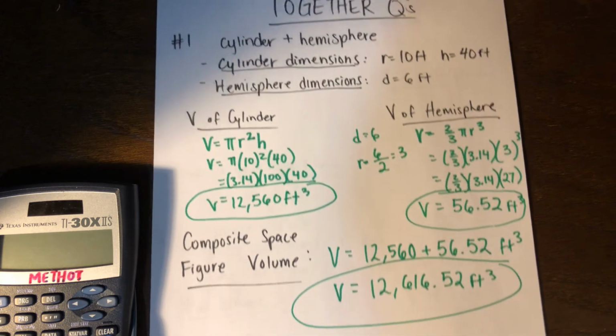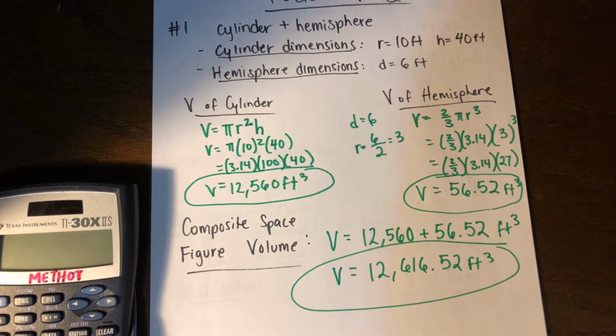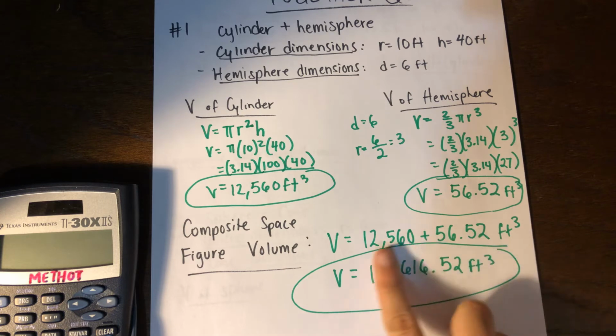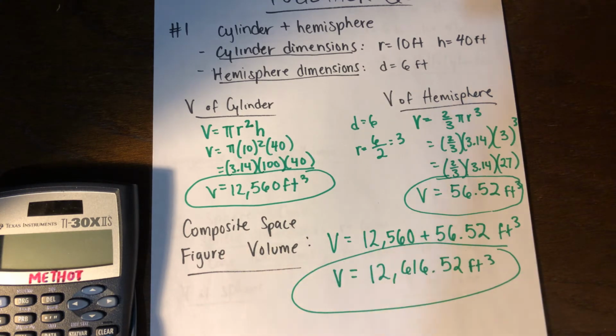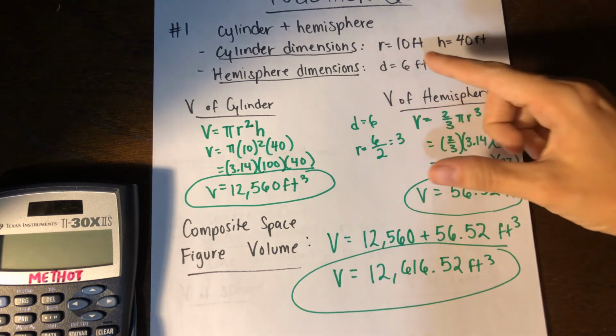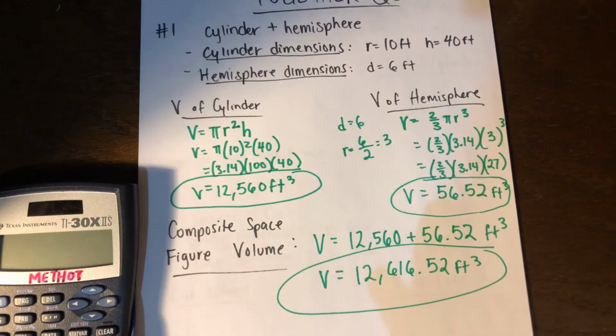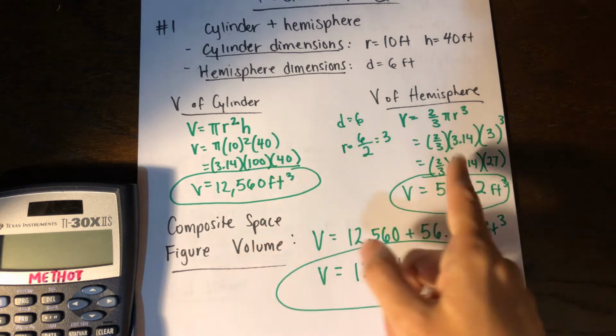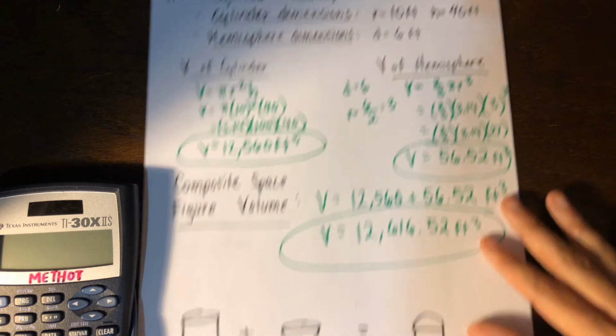Now, in order to find our composite space figure's volume, we have to take this volume, add it together to give us a total volume of the figure. So basically what we just did is these two figures are combined to make one figure, and we found the volume of the entire figure by splitting it apart, adding it together.